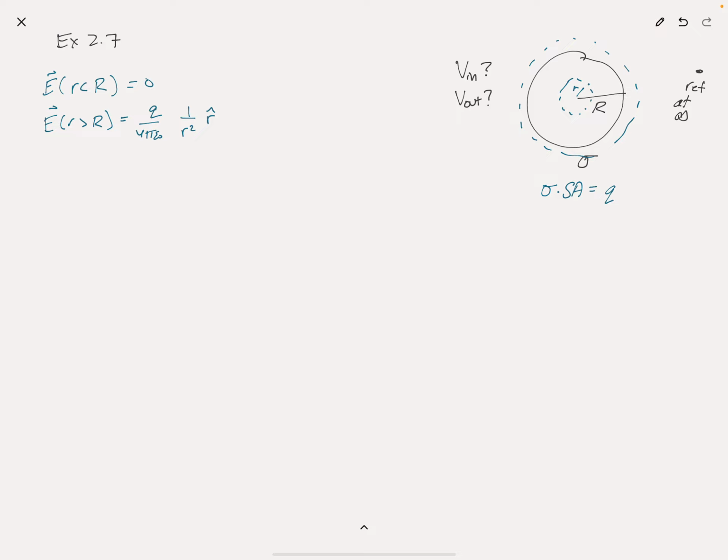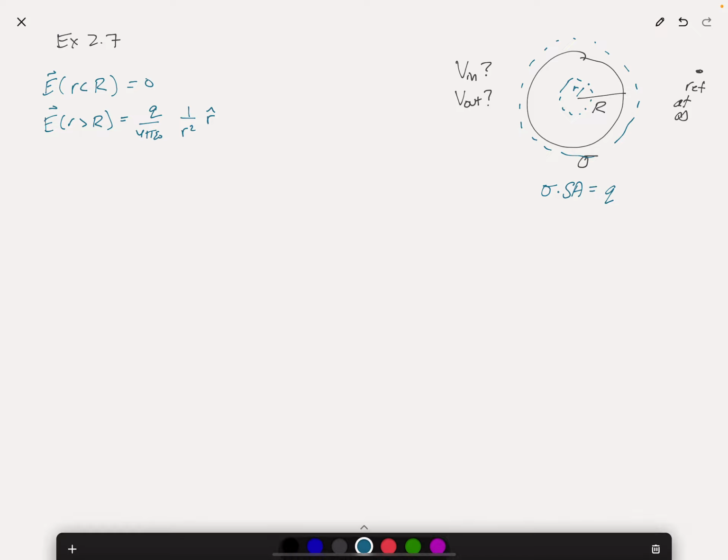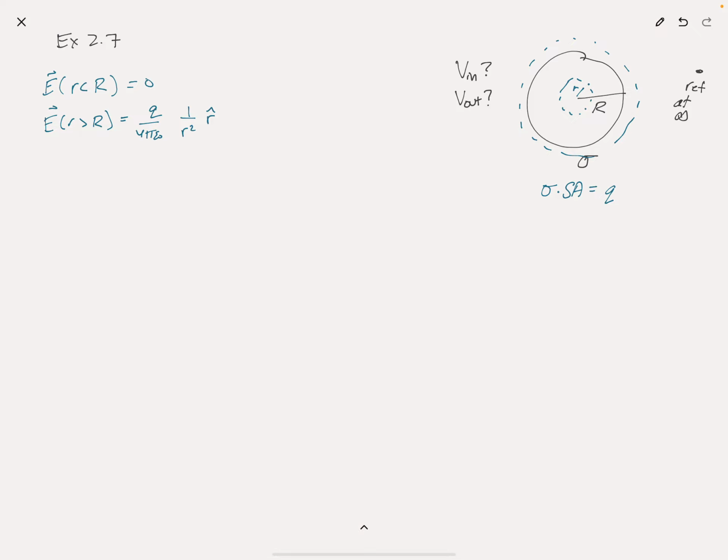Put that vector there too. Okay, so if I want to calculate the potential, I need to integrate over the appropriate fields.